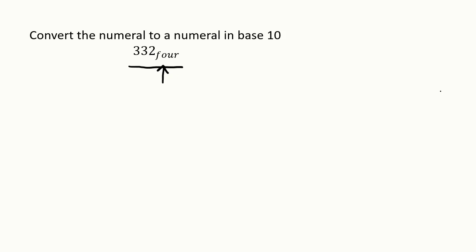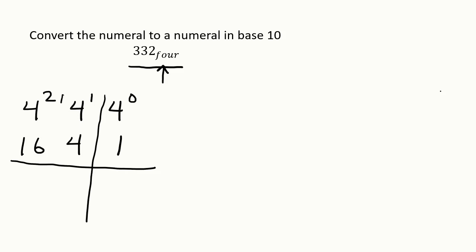In order for me to make this conversion, I'm going to look at those 3 place values base 4, starting with 4 to the 0, 4 to the first, 4 to the second. 4 to the 0 again is equal to 1, 4 to the first is 4, 4 to the second is 16, and this number that I'm given, 332 base 4, means we have 3 16s plus 3 4s, 2 1s.